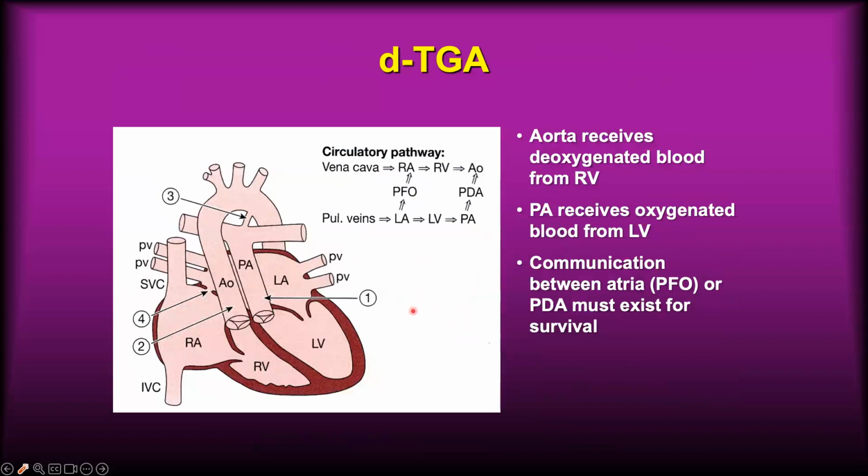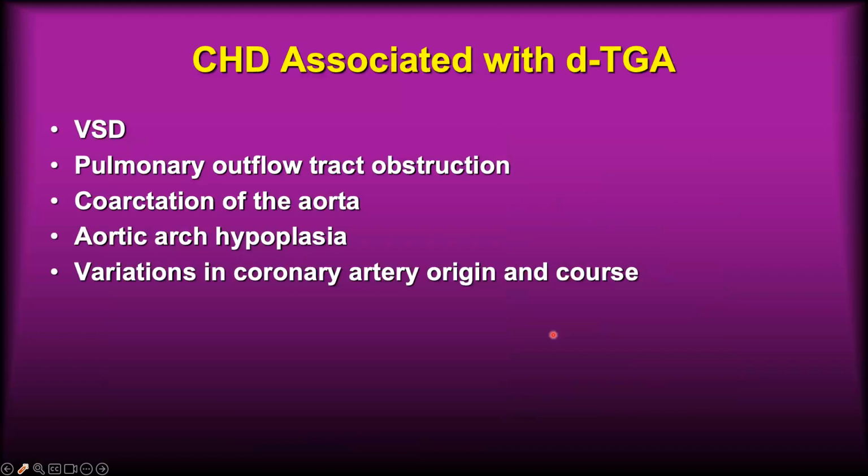So this is just showing you what's going on here, just a little more explanation. The aorta is getting the deoxygenated blood, and so forth. We mentioned this, you need a communication, PFO or PDA. So nothing really new on that slide. We're getting to it.